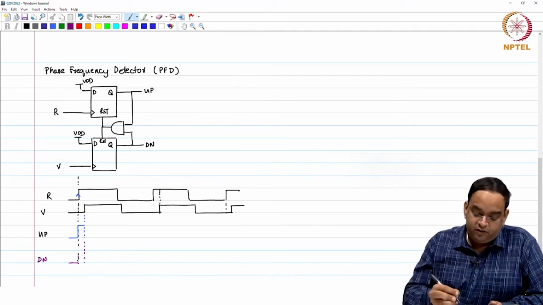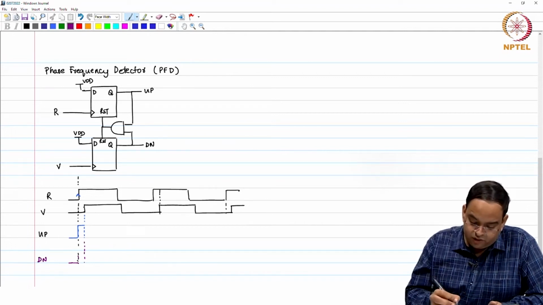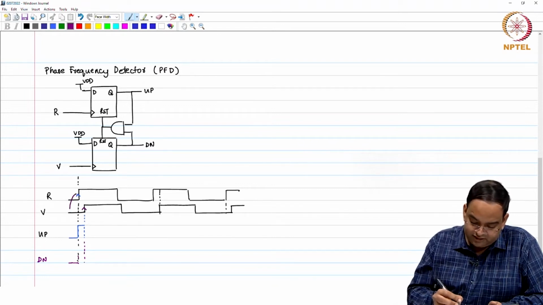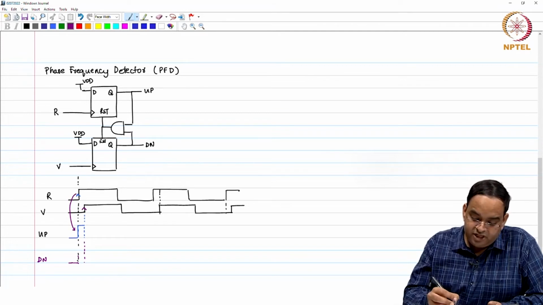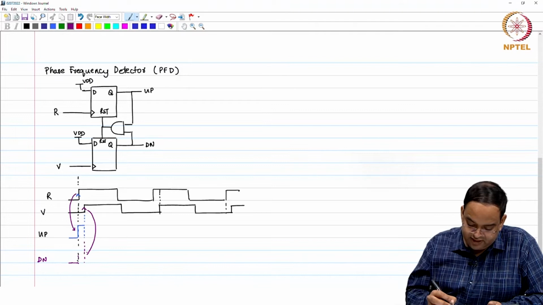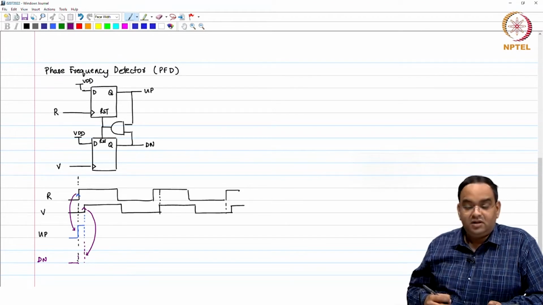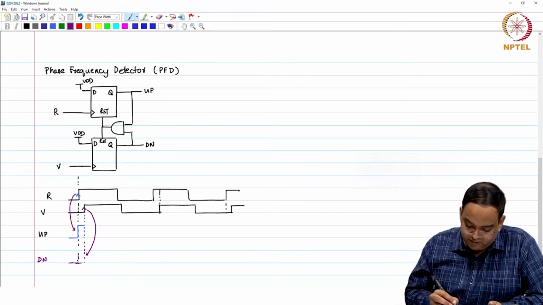Then, a rising edge on the R signal makes my up signal go high, and a rising edge on V triggers a rising edge on the down signal.